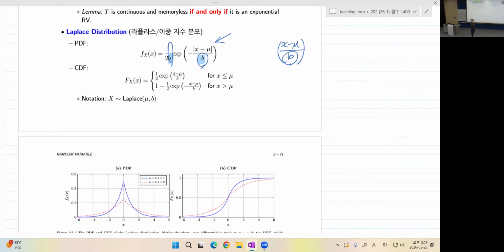So if you increase B, what will happen to this Laplace distribution? Again, it extends its distribution. Same thing happens. The difference is that its PDF is very, very pointy here. It's not differentiable here. But if you increase B, then as you see, it decreases the height and it extends more toward plus minus infinity.